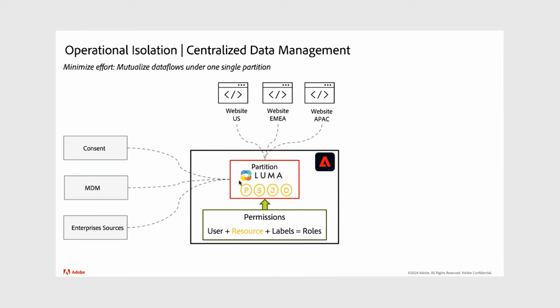Well, those data will also land into that global partition, and then the marketing team will process this data to build the right audiences, the right segments, and push those to the different activation channels. So this is very centralized, very powerful, very cost efficient, and easy to maintain.